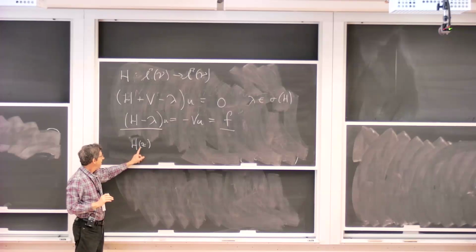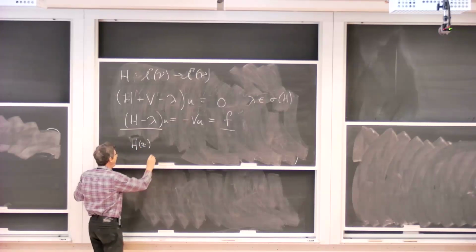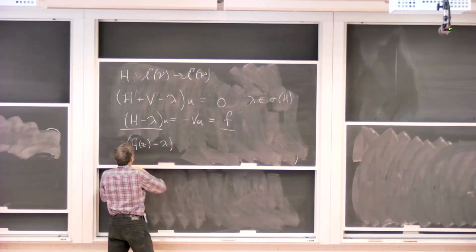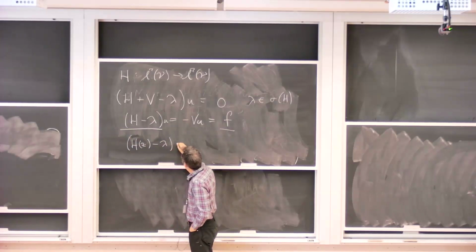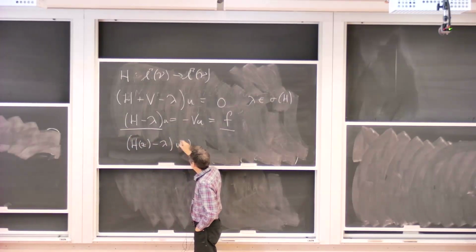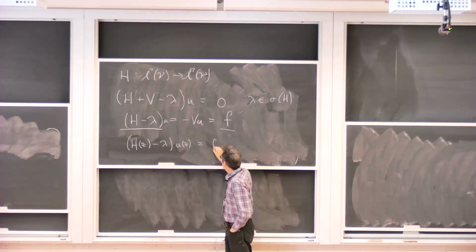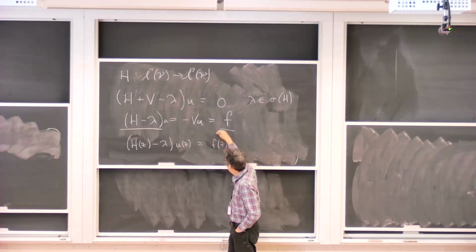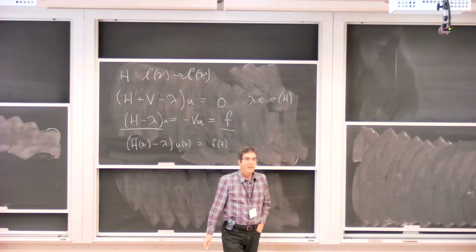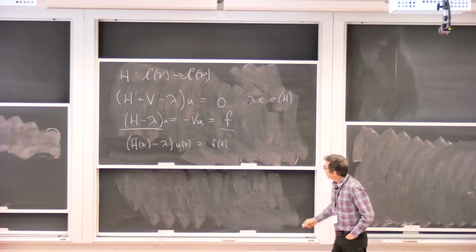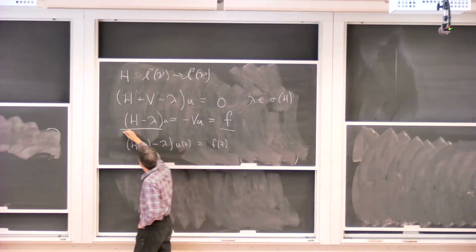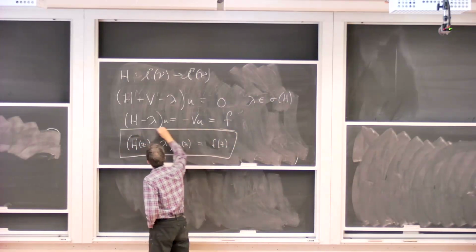So this becomes our module homomorphism. And so we're looking at H of Z minus lambda applied to, now we're going to think of this as U of Z equals F of Z. So I'm being sloppy and not putting hats on everything, if that's all right.